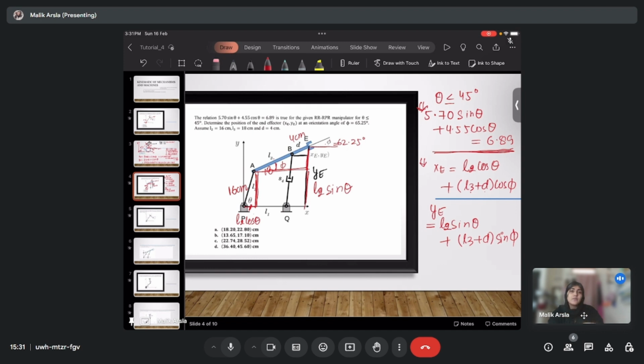Did you understand what you have to do here? Yes, ma'am. Okay, so please do it and tell me what values you're getting. First, tell me the value of theta, because from this equation you can find out theta. Tell me what value you are getting for theta using equation 1.